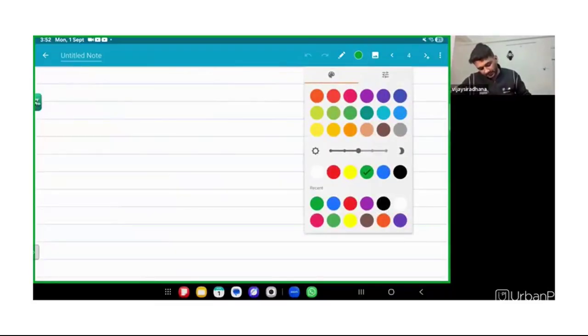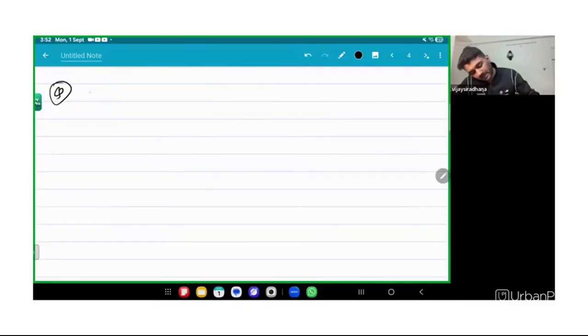So suppose, student, there is one more question, which is x square minus 5x plus 6. Now, first of all, we need to multiply the coefficient of x square and the constant. So we should multiply a into c.